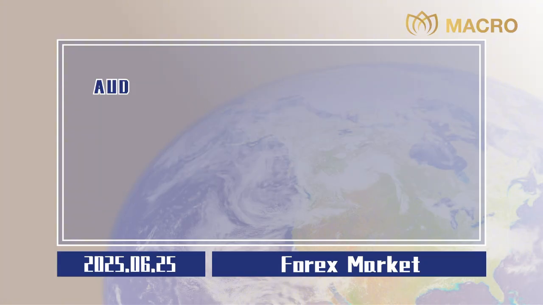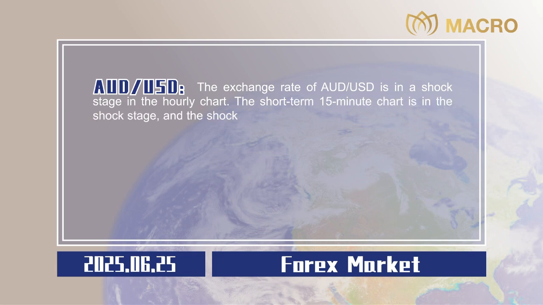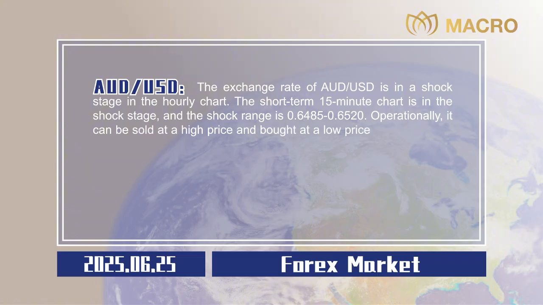0.0020. Australian dollar to US dollar. The exchange rate of Australian dollar to US dollar is in a shock stage in the hourly chart. The short-term 15-minute chart is in the shock stage, and the shock range is 0.6485 to 0.6520. Operationally, it can be sold at a high price and bought at a low price in this range.